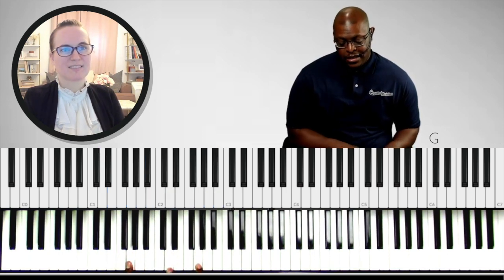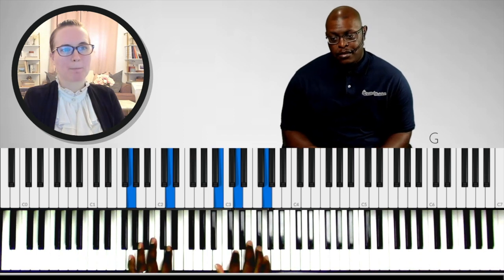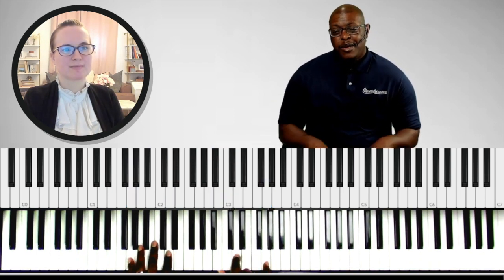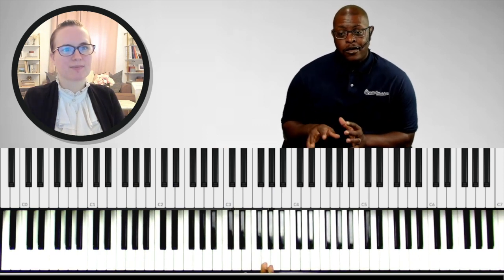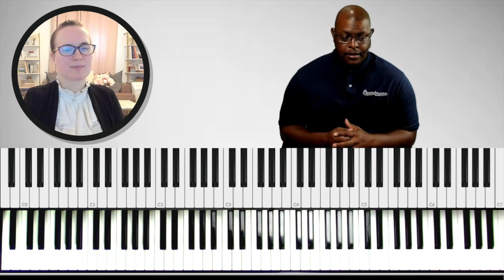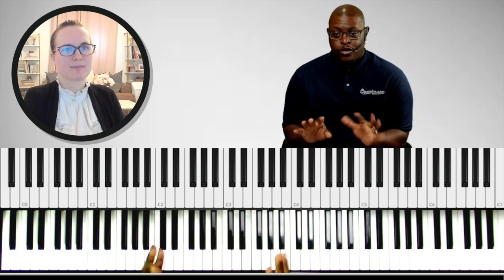Now this last G, I'm a little low, so I probably should move up. But we have G on top, so I'm going to make sure I voice that G here. But we've been focused on playing the chord on beat 1. And that's a perfectly good way to do it, especially for beginners.